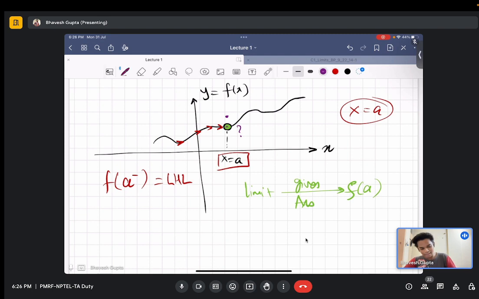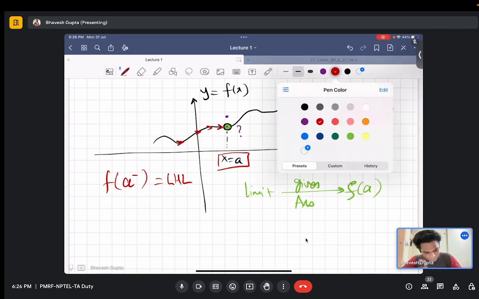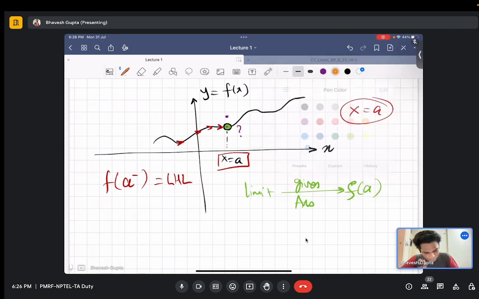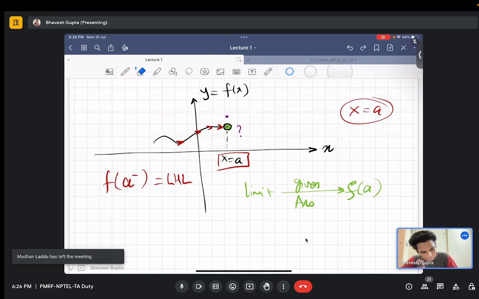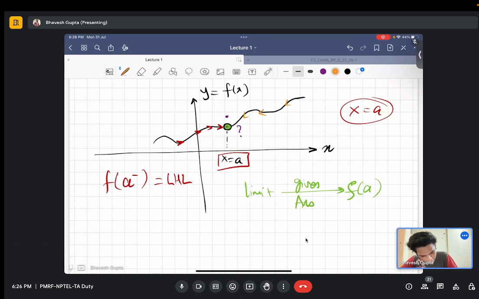And again I try to approach from the right hand side, as close as possible, and again do my measurement, whatever you like to do, and I represent that as the right hand limit.